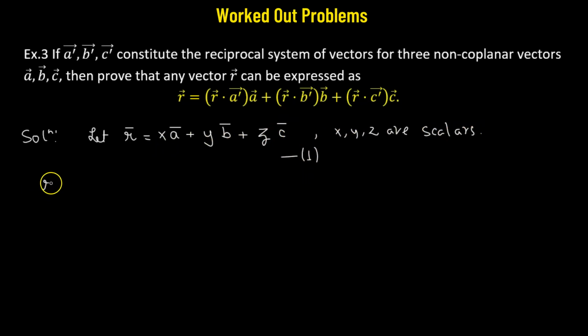Now we'll take equation number 1 and take the dot product with the vector B cross C on each side.